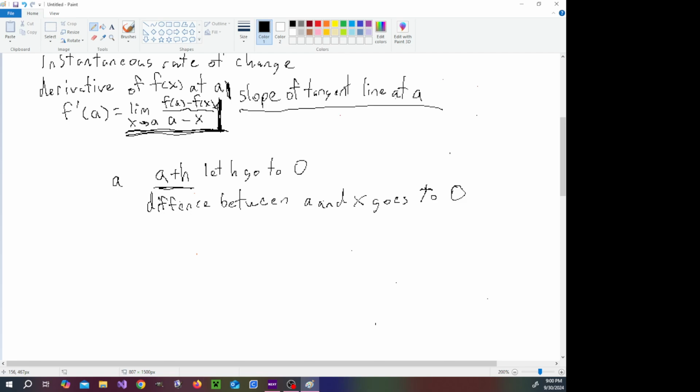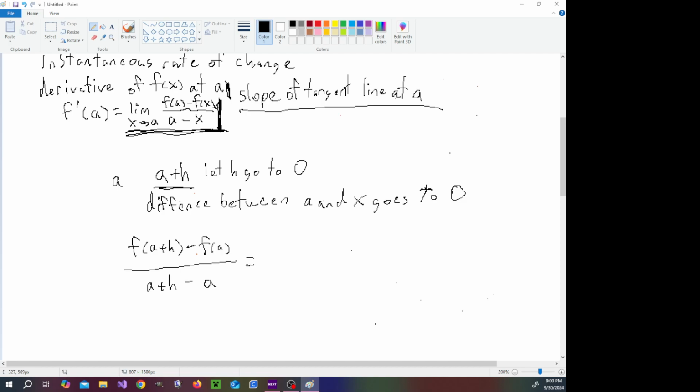A plus h as h goes to 0 is getting infinitely close to a. So we rewrite this to be f of a plus h minus f of a over a plus h minus a.